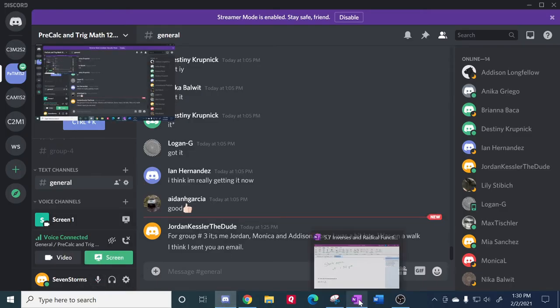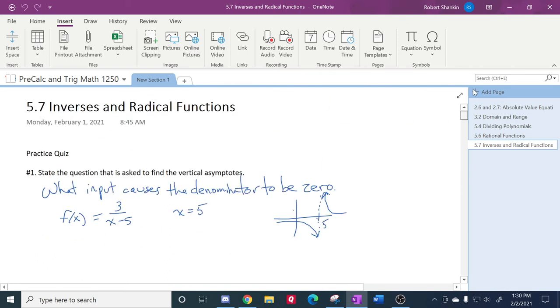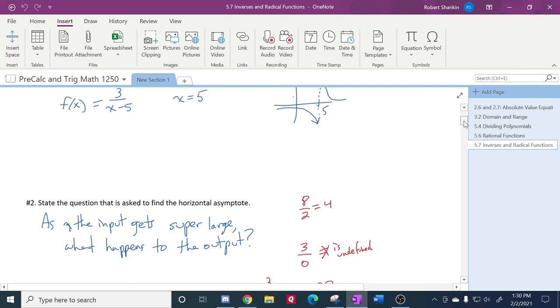All right, we will start back up again now. And horizontal asymptotes. Let's finish this up from last time. So again, the question that's asked for horizontal asymptote is, as the input gets super large, what happens to the output?